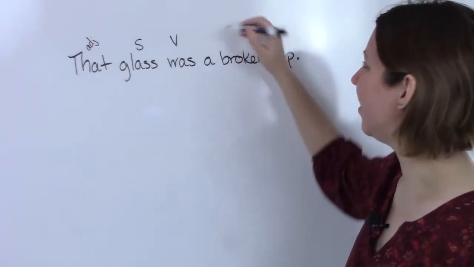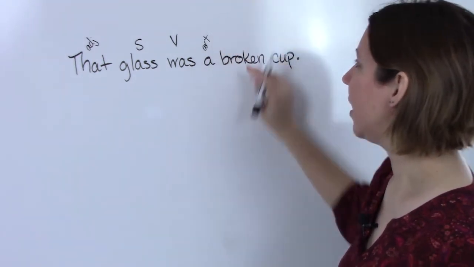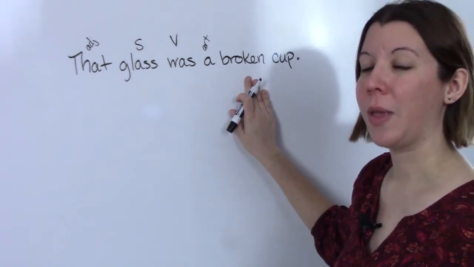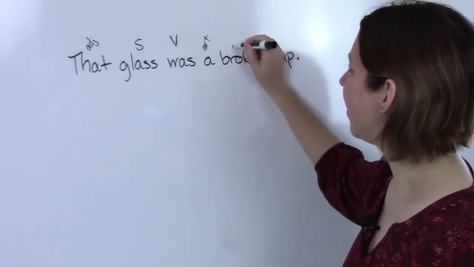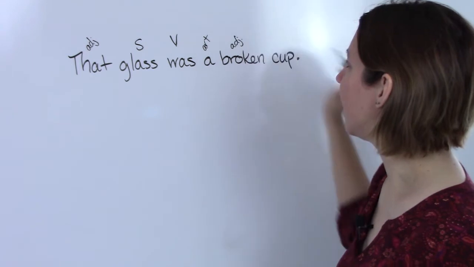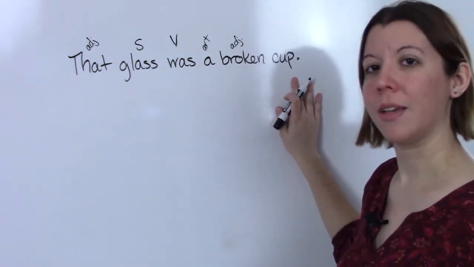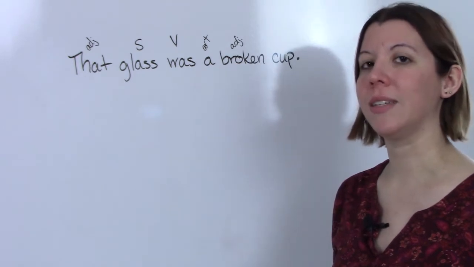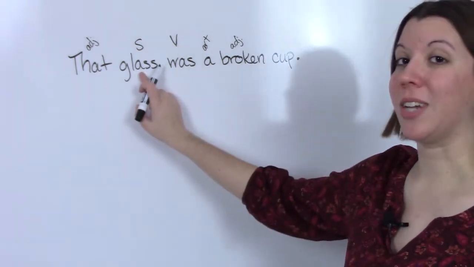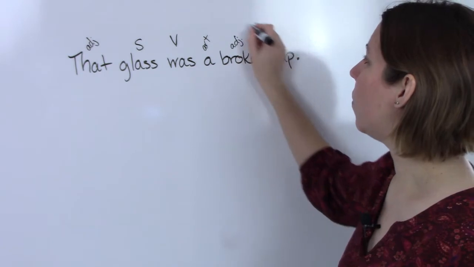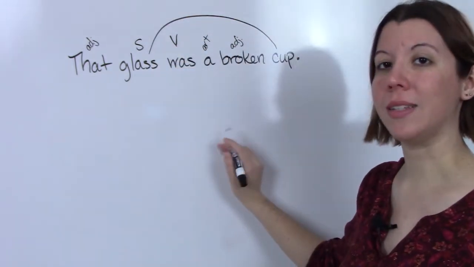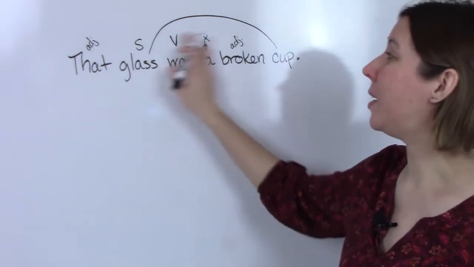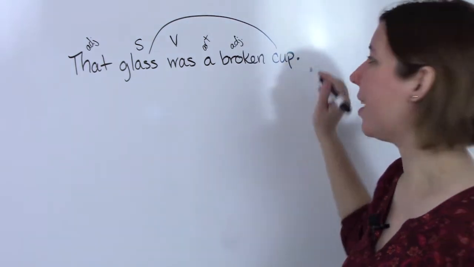A is an article. How about broken? Broken is also an adjective. And what about cup? Cup is a noun, yes, but how is it connected to the rest of the sentence? It renames the subject, doesn't it? Because it says what the glass was. So it's a noun that renames the subject. It's a predicate nominative.